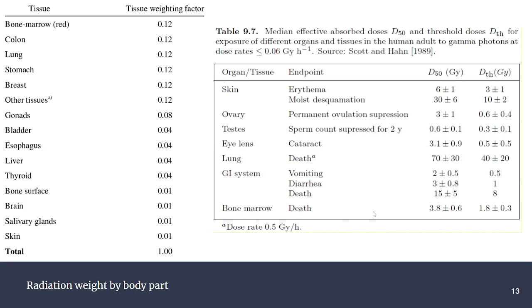So you can get straight death if your bone marrow gets a certain amount of radiation. Like I said, D50 is the dose at which 50% of people are going to die, and then this is your threshold. This is based off 0.5 grays an hour. But like I said, numbers with a grain of salt. If you look them up, they're going to be different somewhere else.